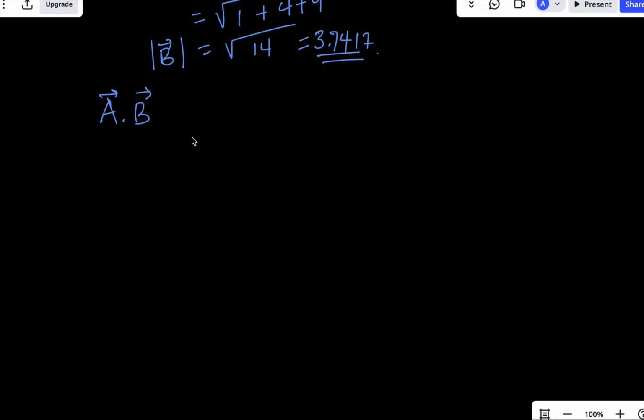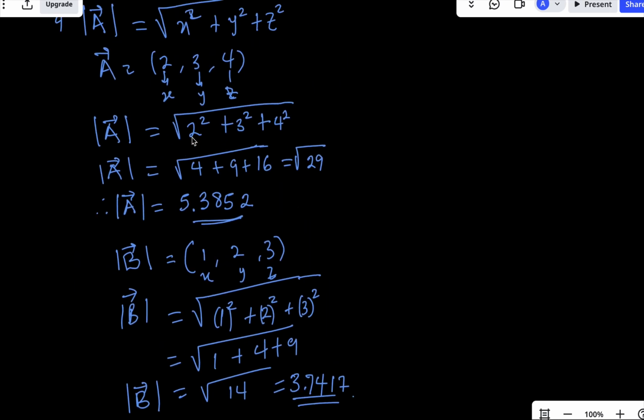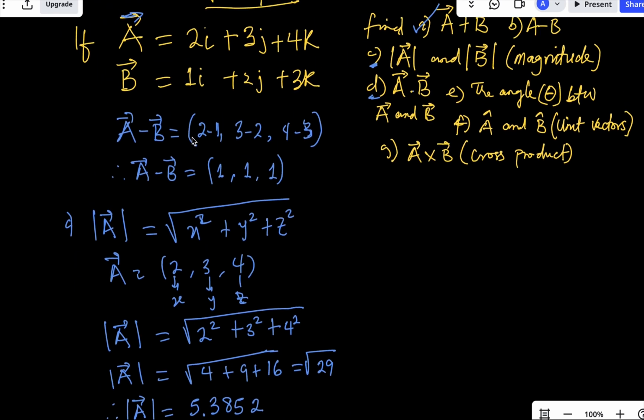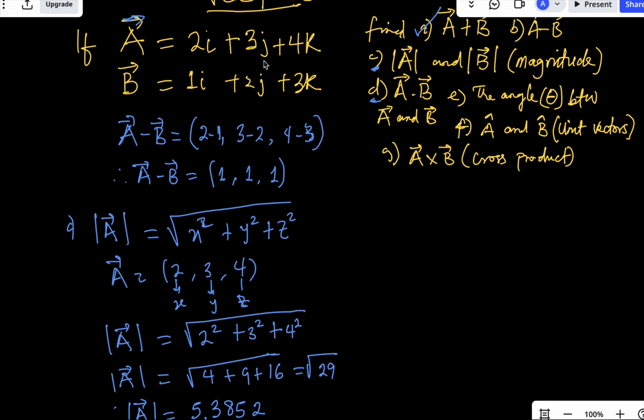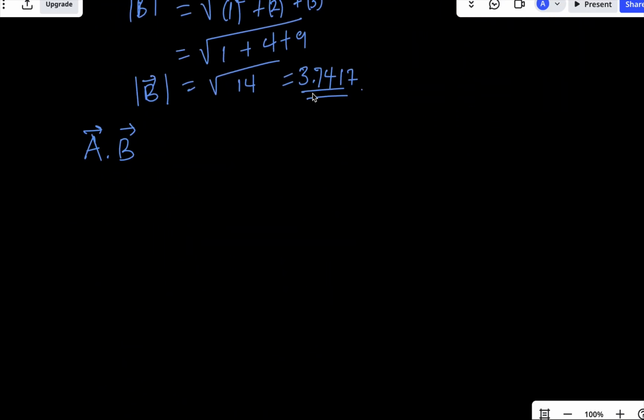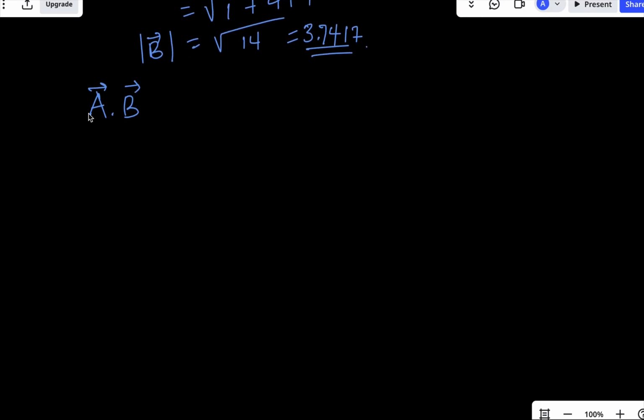So how I want to find this dot product? We know waiting A B already. Make we say A na 2I plus 3J plus 4K. B na 1 2 3. Okay, make we go carry am, make we write am so that go dey fresh for our eye. This one we know say this one na 2I plus 3J plus 4K.